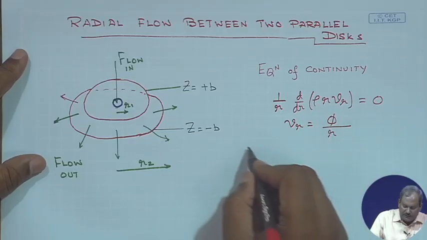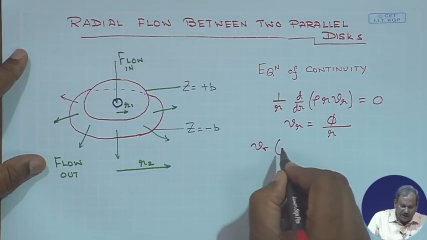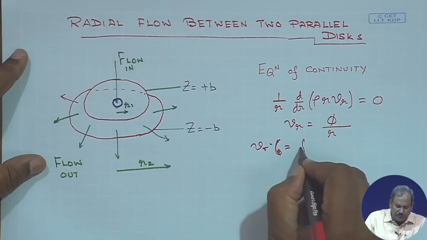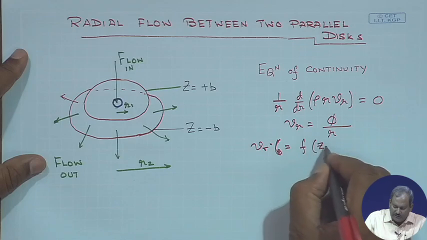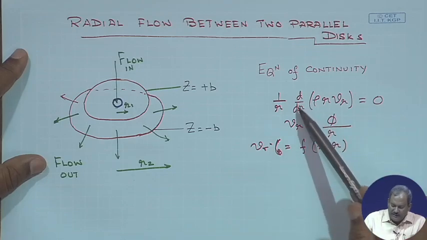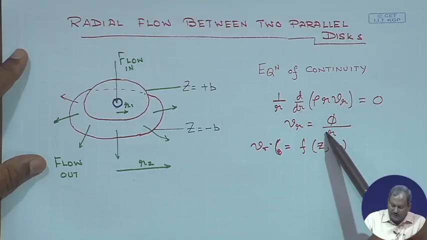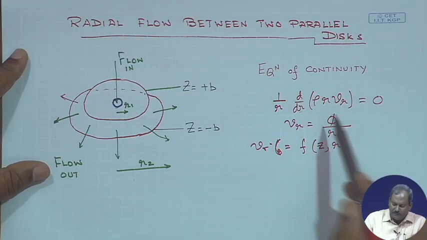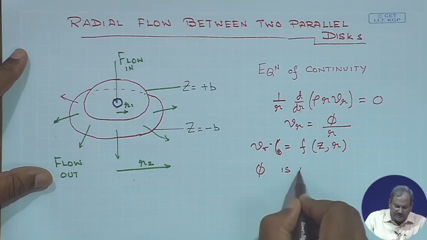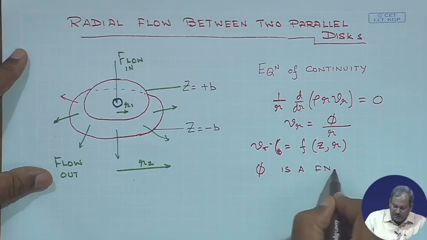Now we realize that velocity in the r direction, as I have mentioned before, is going to be a function of z and r. Now since d dr of r Vr is a constant, or rather d dr of phi is equal to 0, then from this relation it is clear that phi is a function of z.